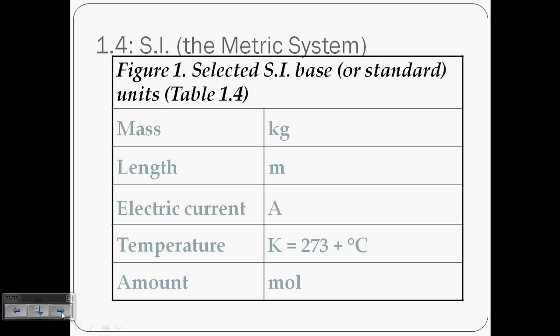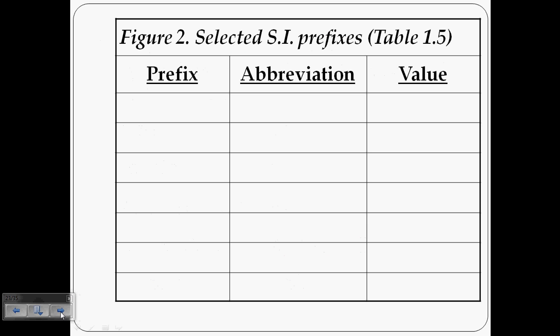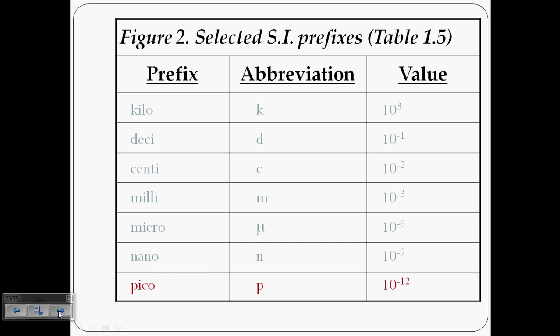And then for the SI units, we also have certain prefixes that we can add to these base units to make the units bigger or smaller. Kilo is a prefix that will change a base SI unit to a larger unit. If you put kilo in front of gram, or in front of meter, it becomes 10 to the power 3 value.